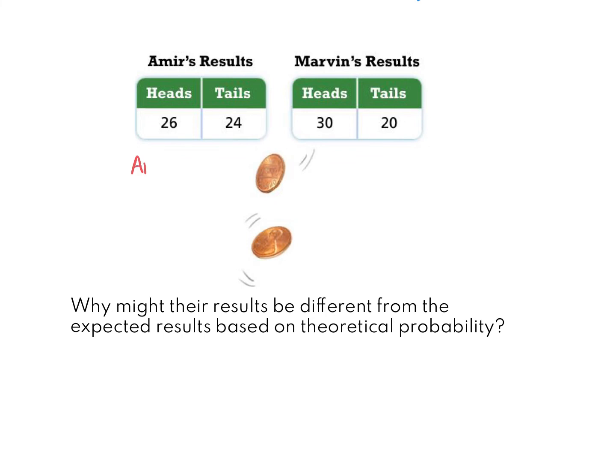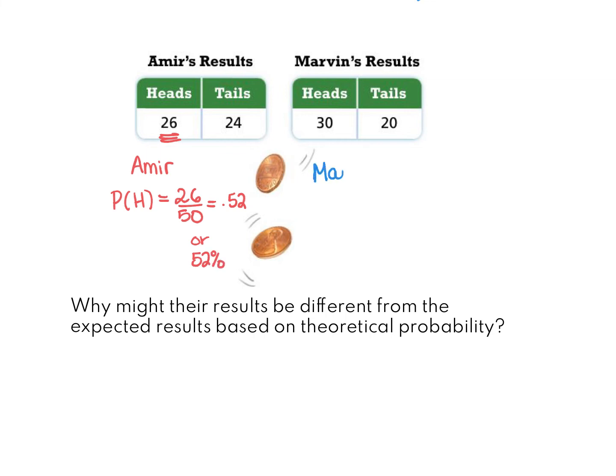So Amir, the probability of landing on heads, and again, the theoretical is 1 out of 2, but we're doing experimental, which is actual. So the number of times it actually occurred, 26 out of 50. You plug this into your calculator, you should get 0.52 or 52%.